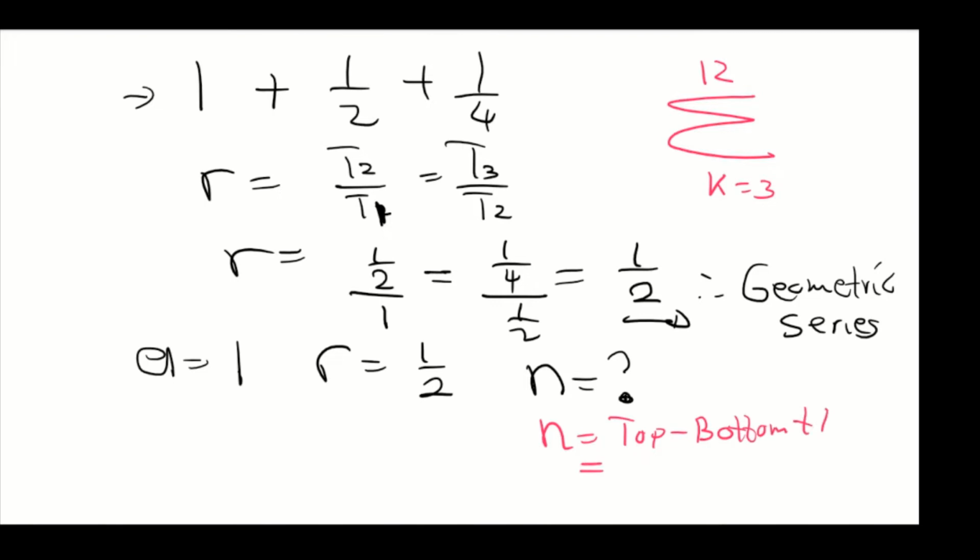The top is 12 minus the bottom, which is 3, plus 1. So our n is supposed to be 10. Now we have our n value equal to 10, so we are able to find the sum of the series.